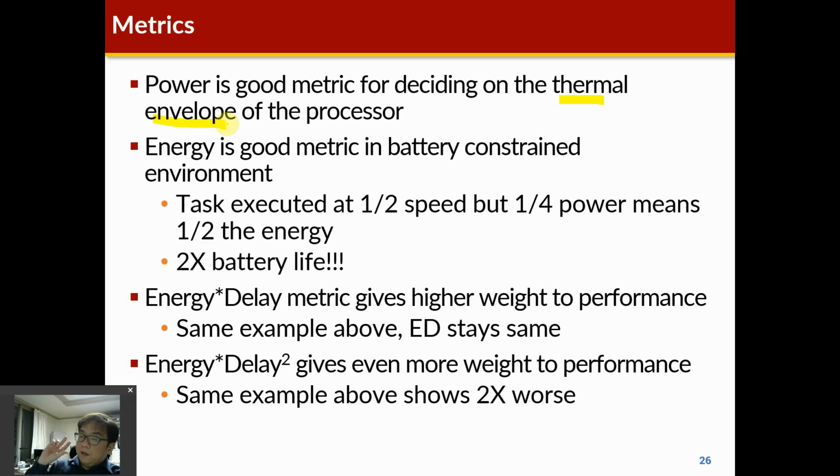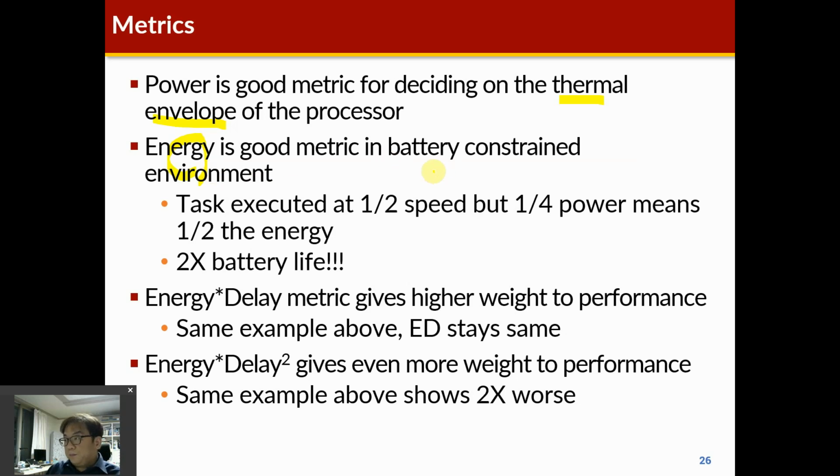So actually the peak power determines the packaging and cooling system of the computer processor. And then energy. Energy is the power multiplied by operation time. So energy is a good metric in battery constrained environments like mobile devices.